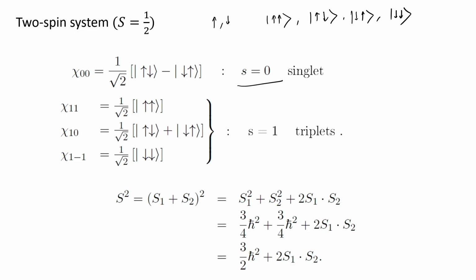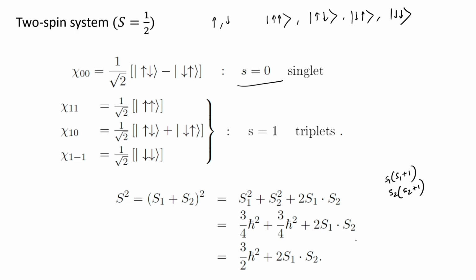These have certain properties. If you take S squared of the total S, it is basically (S1 plus S2) whole squared, which is S1 squared plus S2 squared plus 2 S1 dot S2. Now, S1 and S2 of course commute, that is why we can write that. S1 squared for the spin half is S1 into S1 plus 1, and similarly S2 squared is S2 into S2 plus 1.